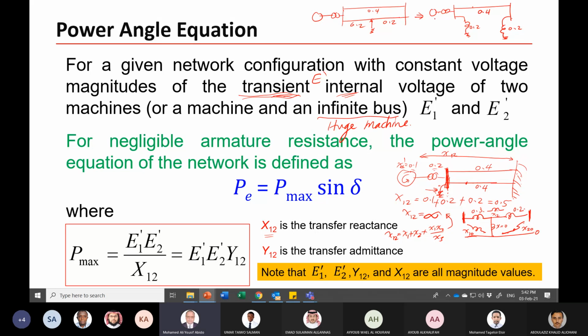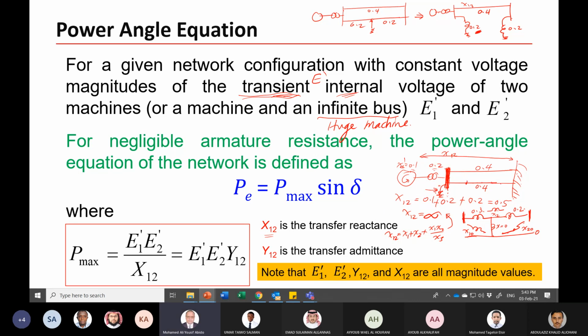Again, we will convert the 0.4, 0.2 and 0.3 here. These impedances are connected in Y, so we can convert them to delta and get X12. In this case, X3 here is 0.2. It is not 0 as we don't have the fault at the bus. If we have the fault at the bus, then X12 equals infinity.